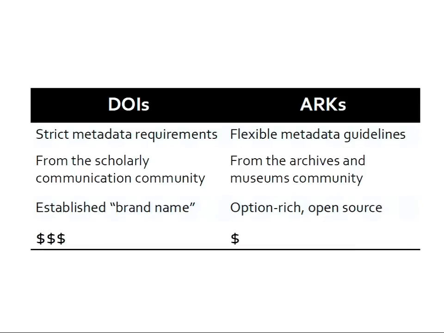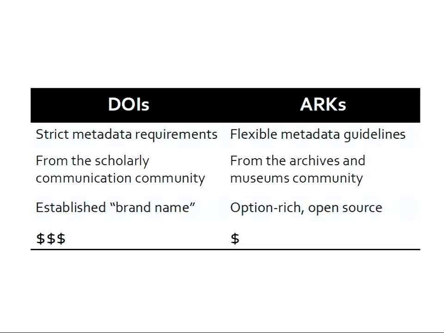The DOIs come from the scholarly communication community, so this is something that people are familiar with primarily from scholarly publications, whereas ARCs are more from the museums and archives community, so that's what we've been supporting a lot at the CDL. The DOIs have this established brand name. People that know identifiers are very familiar with DOIs typically. However, ARCs are a little more option-rich and open source. And generally DOIs cost money, a lot more money than ARCs do.